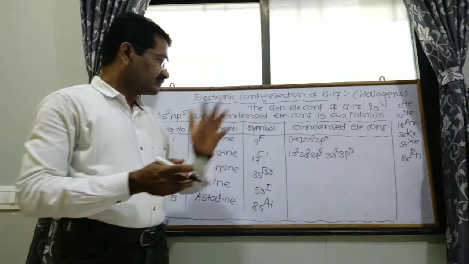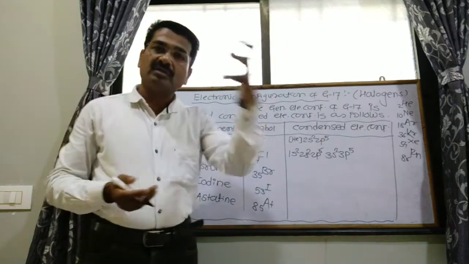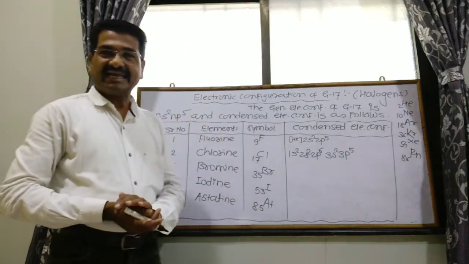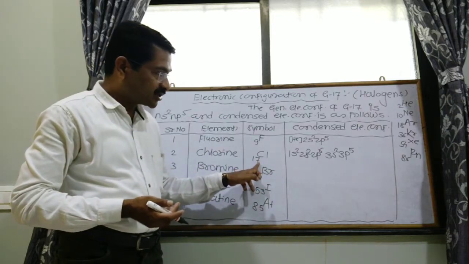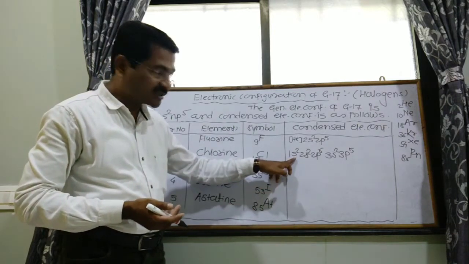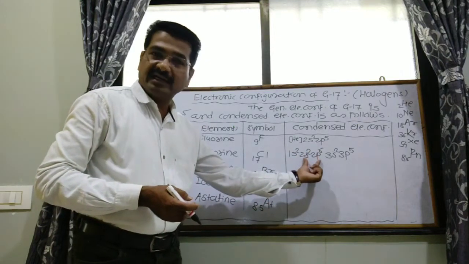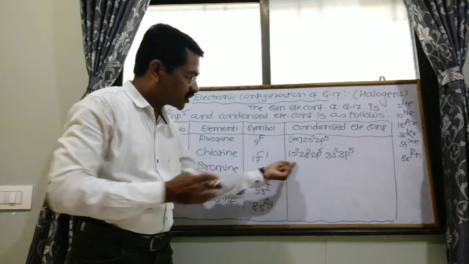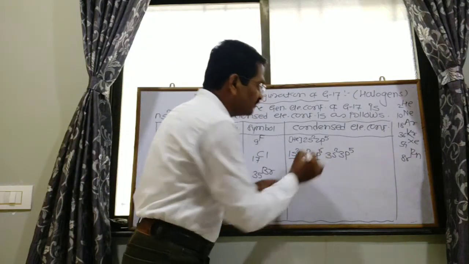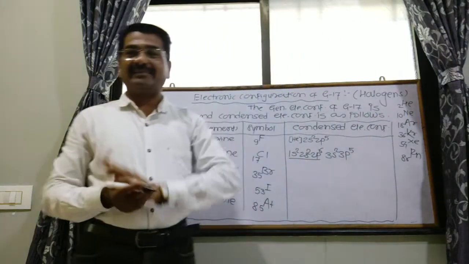So which zero group elements are applicable for the G17 elements? Chlorine contains 17 electrons, of which 2 are in the first shell and 8 in the second shell. So the total is 10 electrons, which shows neon is the zero group element.